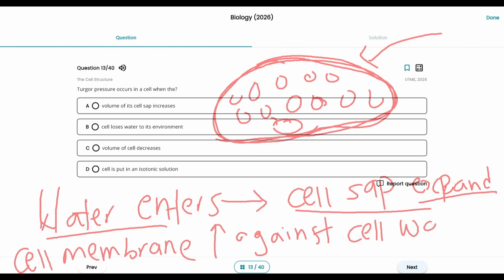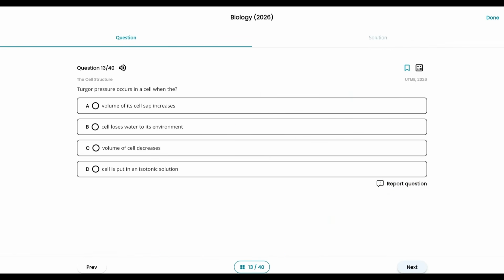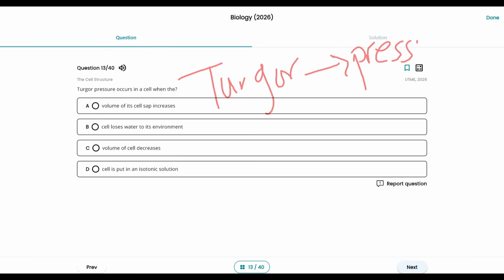Cell membrane increases against the cell wall. This is what we know as turgor pressure.